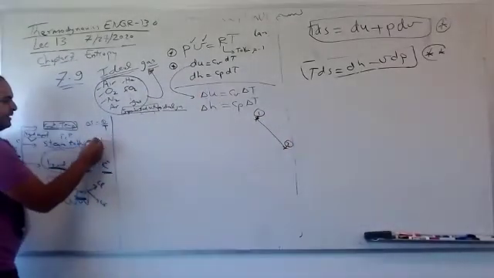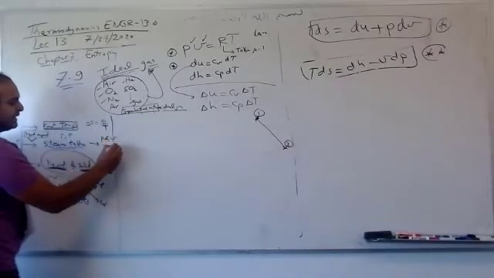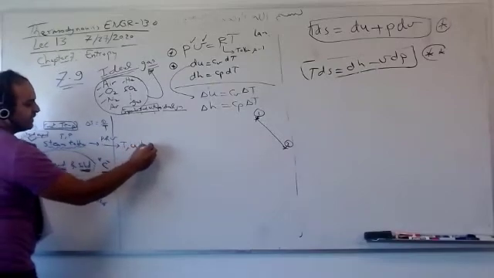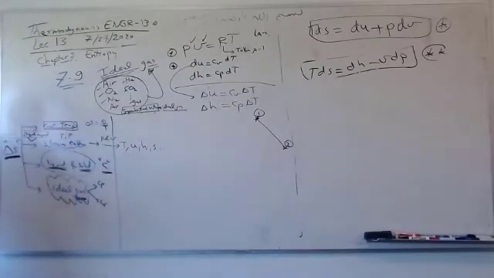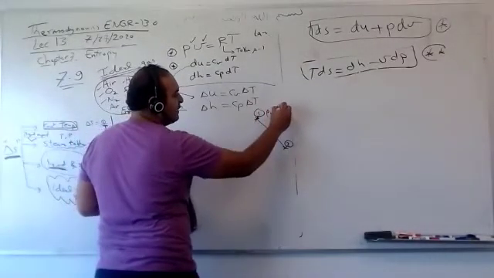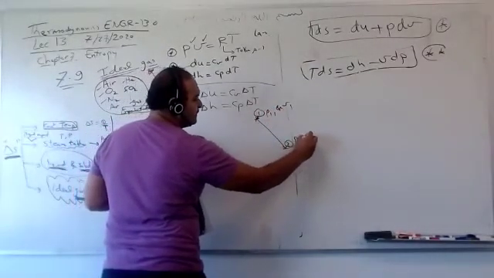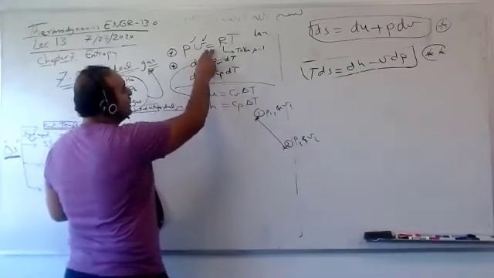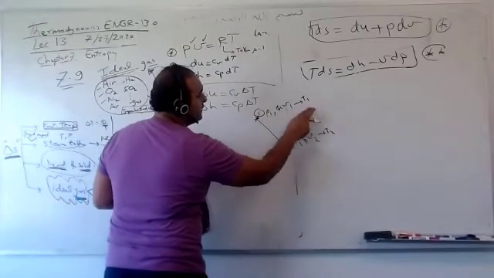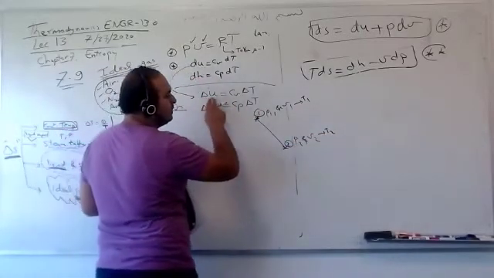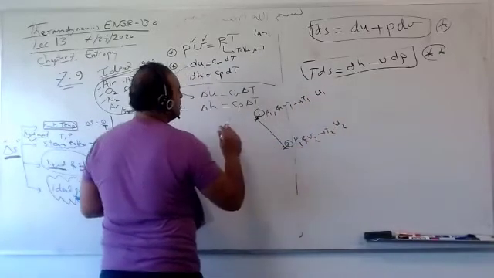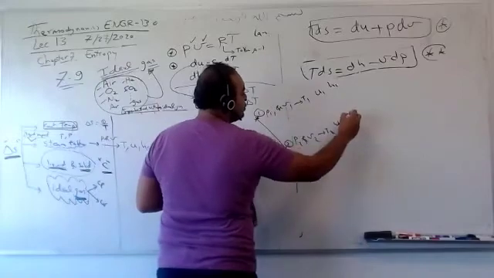If you have P and V, you can easily get T, U, H, S, anything. From state 1 to state 2, if you have P1 and V1, and P2 and V2, using the ideal gas law and R constant, you can get T1 and T2. From T1 and T2, we can get delta U. So we can get U1 and U2. You can get H1 and H2.